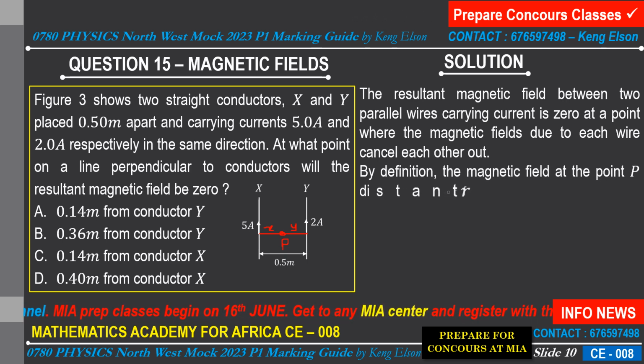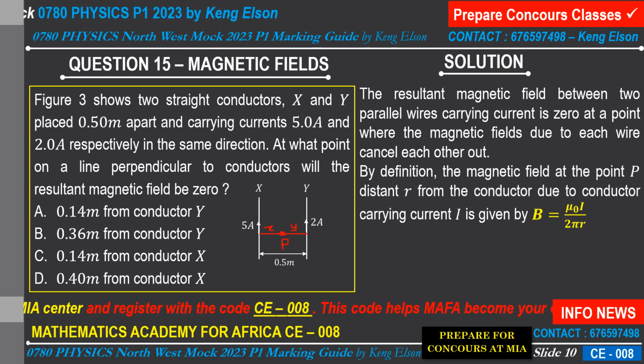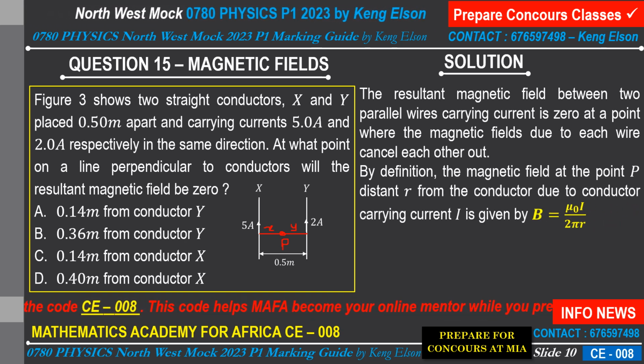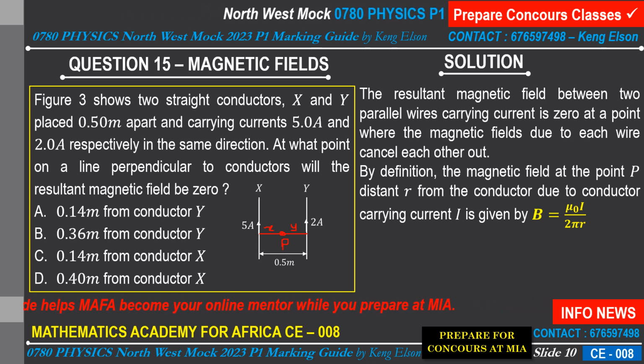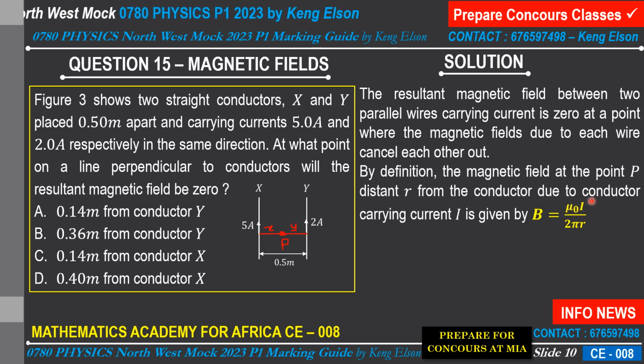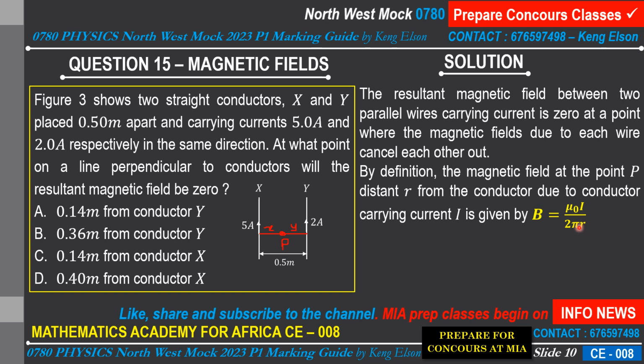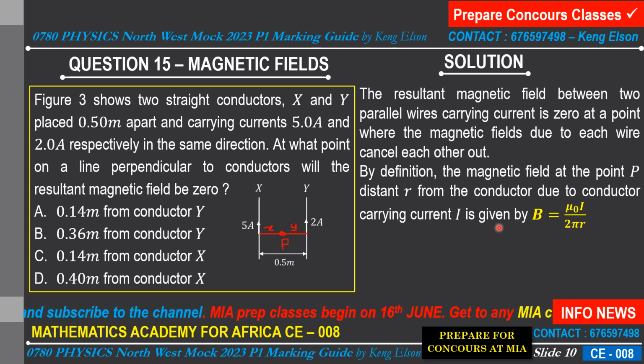So what is the definition of magnetic field at a point? The magnetic field at a point P, which is at a distance r from any conductor carrying current I, is given by B equals mu 0 I over 2 pi r. Mu 0 is the permeability of free space, I is the current of that particular conductor, and r is the distance from that point to the conductor. 2 pi is just a constant.